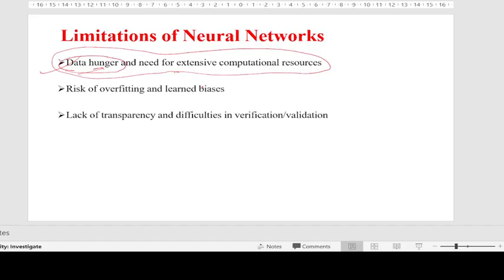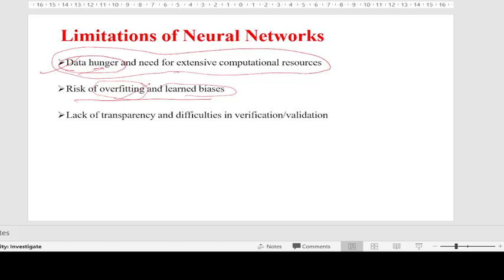We may get one doubt: does it not work with less data? It works, but it will not give better results. That's the problem. This is one of the drawbacks of the neural network. Then risk of overfitting, learned bias. Overfitting we will discuss in upcoming classes.